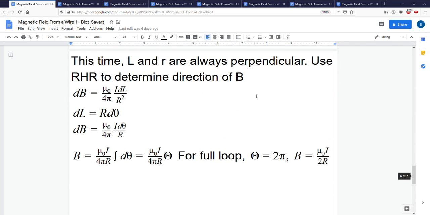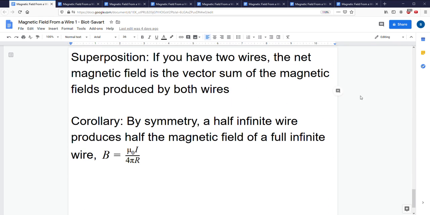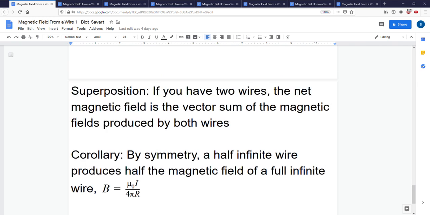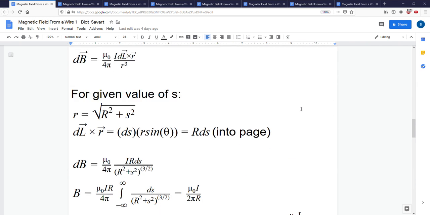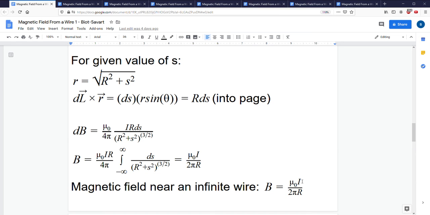That is, we break the problem up into pieces that are easily recognizable, find the magnetic field from each of those pieces individually, and then add them together. We could also go in the opposite direction. Since we know that the magnetic field from an infinitely long wire is mu sub naught I over 2 pi r, we can calculate the magnetic field from what's called a half-infinite wire by dividing this in half, mu sub naught I over 4 pi r.